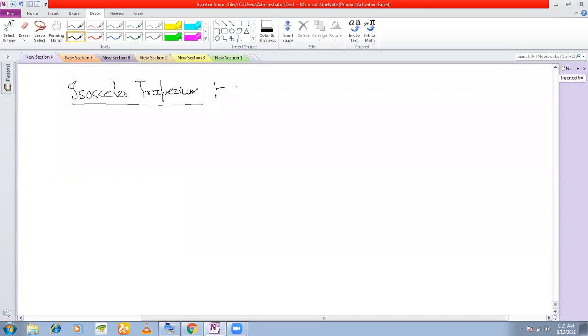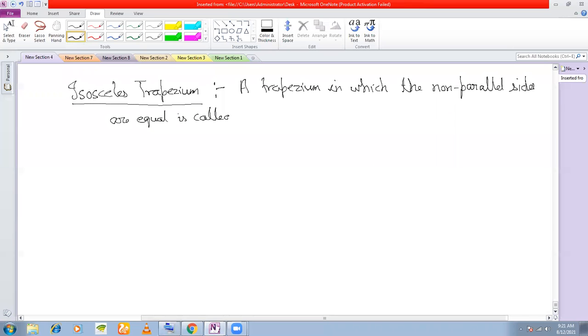Now, what is this trapezium? A trapezium in which non-parallel sides are equal is called an isosceles trapezium.